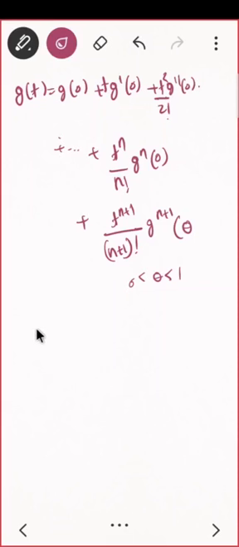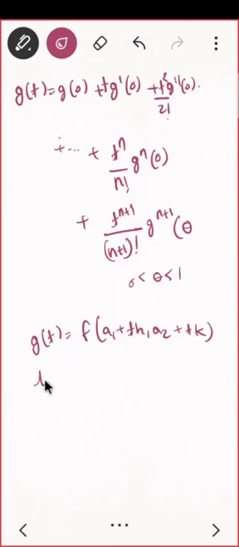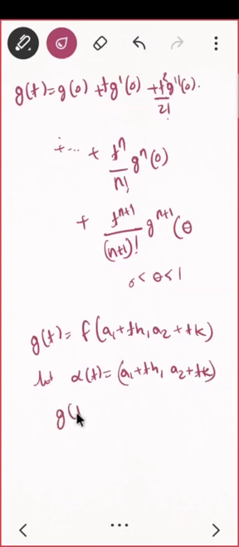So how will you do that? G of t is f of e1 plus th comma e2 plus tk, correct? So let this term we call alpha of t. Let alpha of t equal to this e1 plus th comma e2 plus tk. Now I can use my chain rule. That is, what is my g of t now?